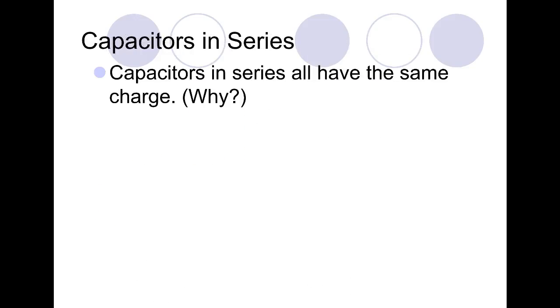First of all, capacitors in series all have the same charge. And why is that? We talked about this on the previous slide, but if I have plus and minus, and then plus and minus, and I have Q, then this will also be Q. So really what we're talking about is charging by induction and also conduction.